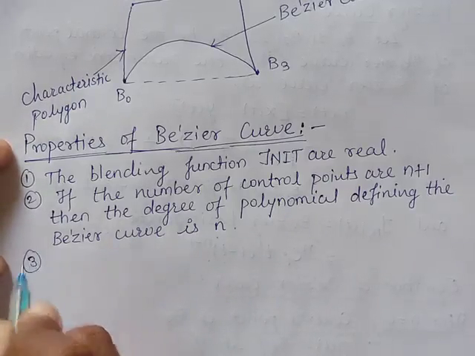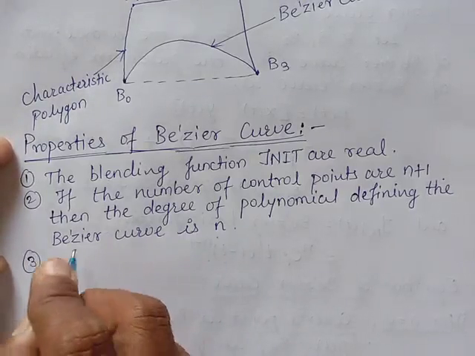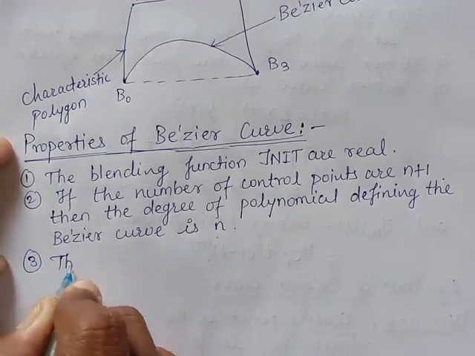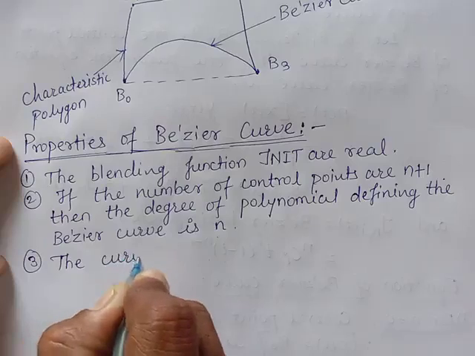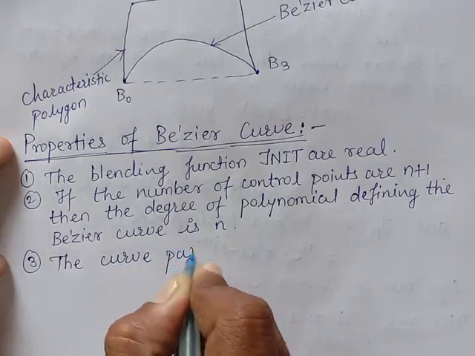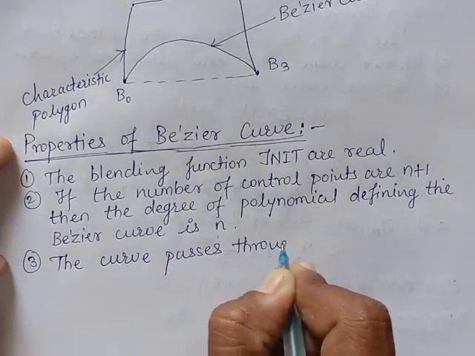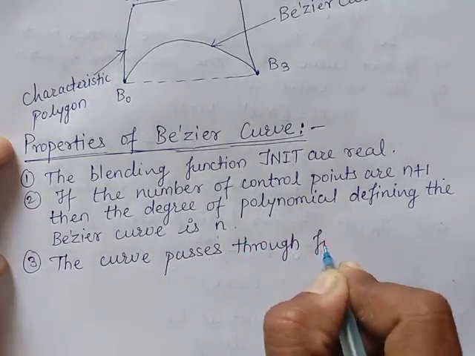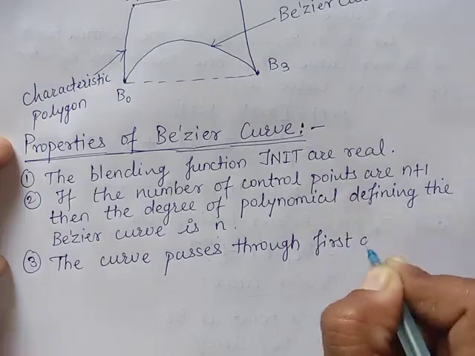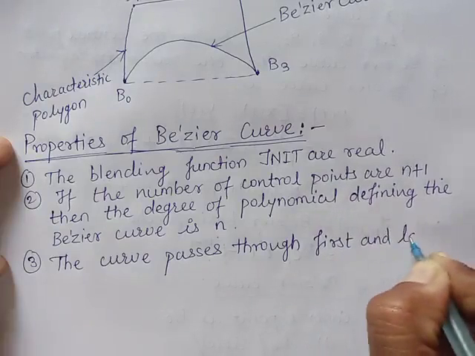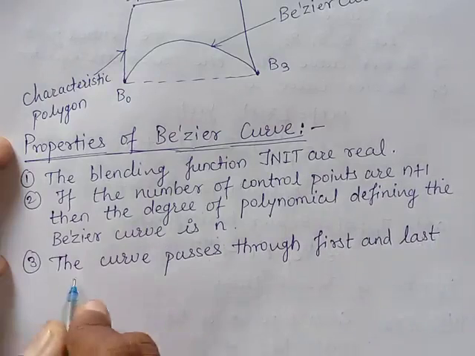Third property, the curve passes through first and last control point.